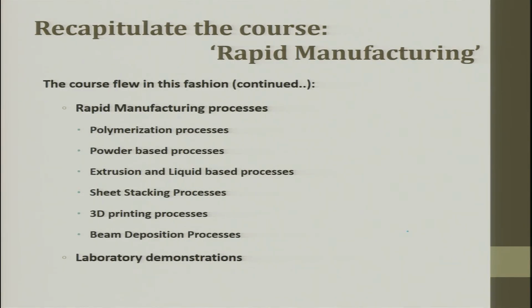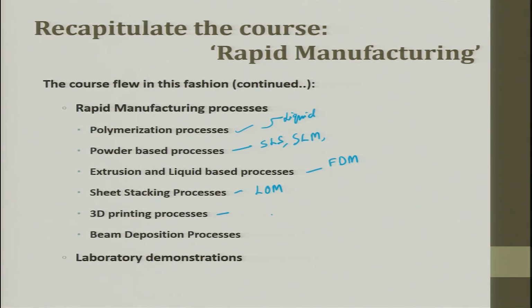Then we entered into rapid manufacturing processes. First we saw the photopolymerization process, where we saw liquid as a starting material. Then we saw powder based processes, the most predominant ones being SLS and SLM. We saw that on top of other processes: extrusion, where we saw the FDM process, and other liquid based processes. Then sheet stacked processes, basically the LOM process, we saw here.